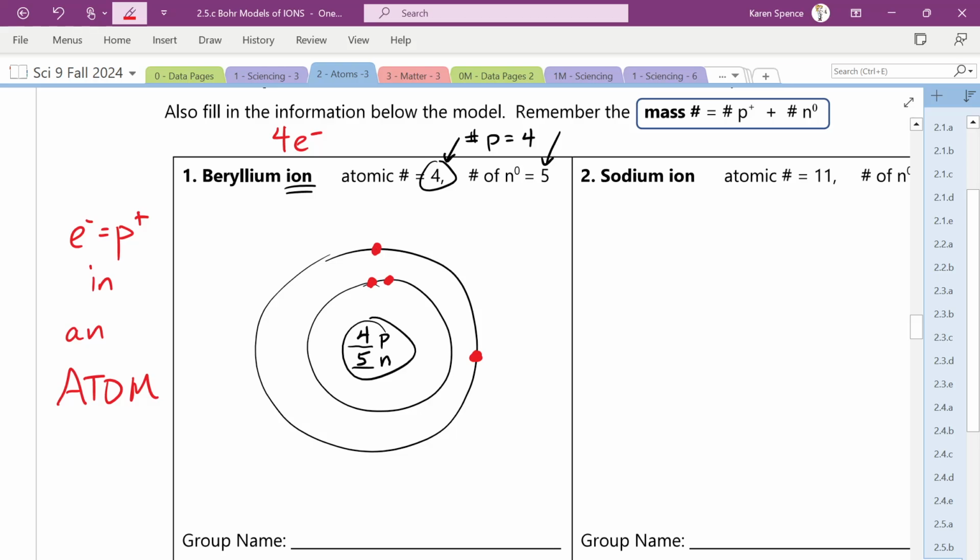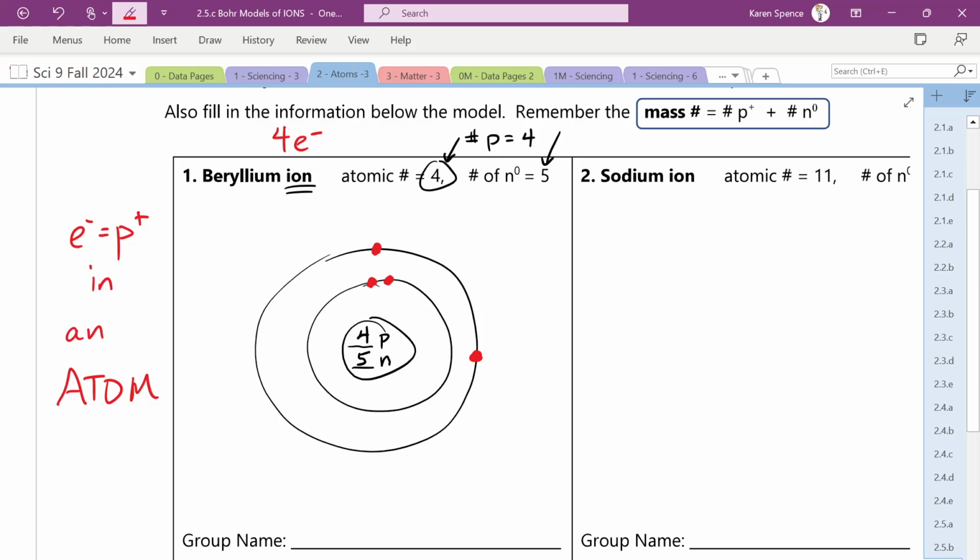And now we will change it to an ion, okay? So this is why I suggest you do it in pencil, because if you do it in pencil, you can say, all right, I have 2 electrons in the outer shell. Do I want to add 6 to fill it up, or is it easier to take away 2 and empty it out? Take away 2.